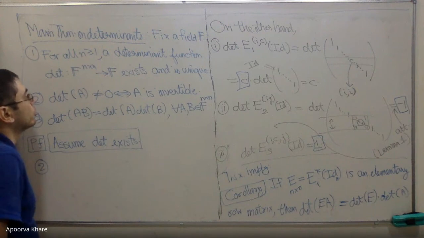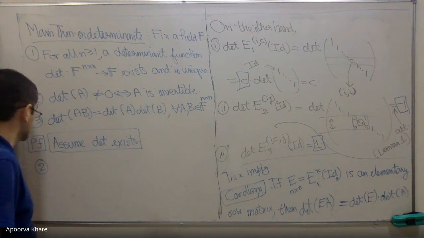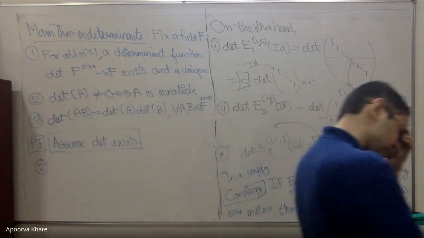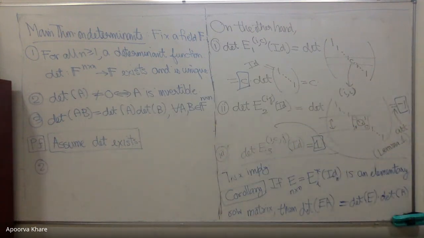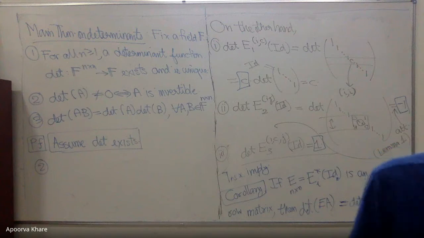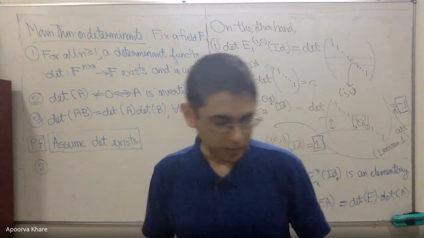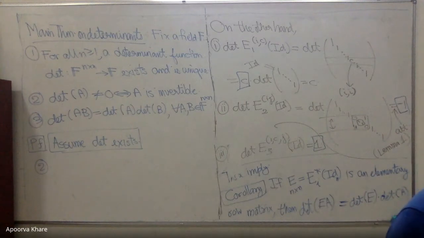Or do I want to do the uniqueness first? Using the corollary, I can do the uniqueness first. Yes, I should do the uniqueness first. Why not?